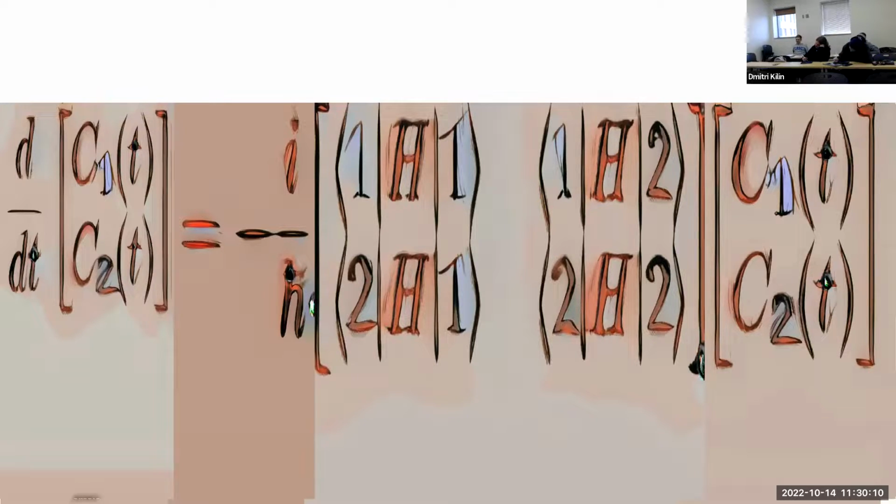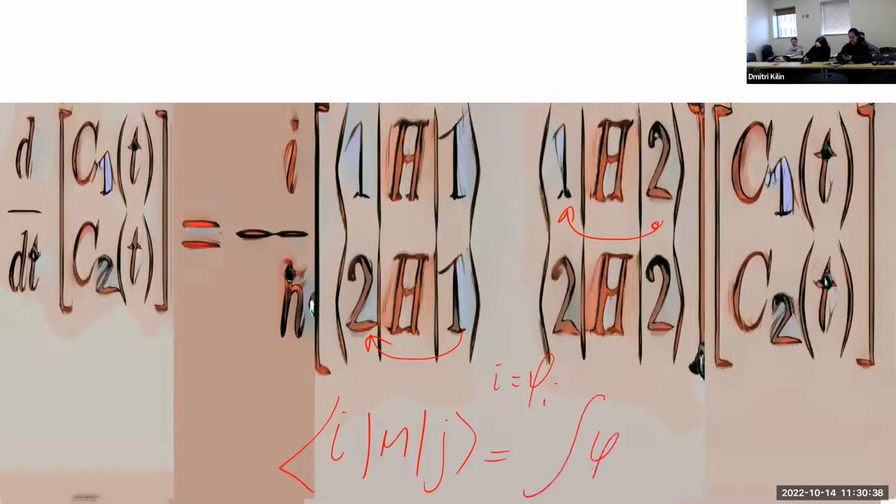It goes from state 1 to state 2, or from 2 to 1. In general, if you have <i|H|j>, it is the integral of psi_i star H psi_j dr, a matrix element.